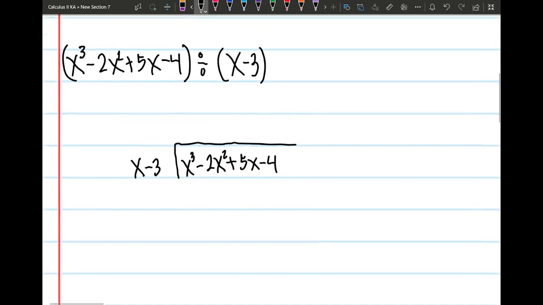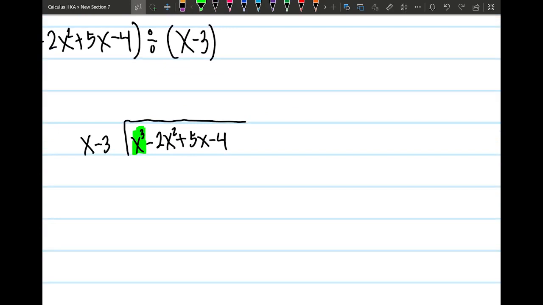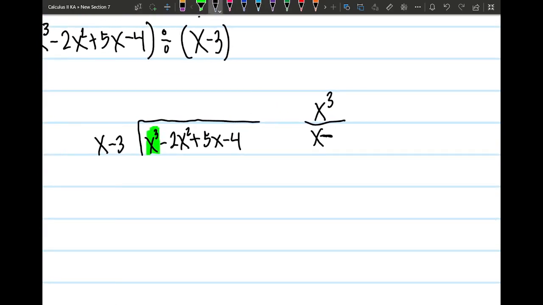So the idea is we need to first look at this x cubed term and kind of forget about these other terms. I'm going to grab x cubed, and if I divide it by x minus 3, I look at the leading terms.